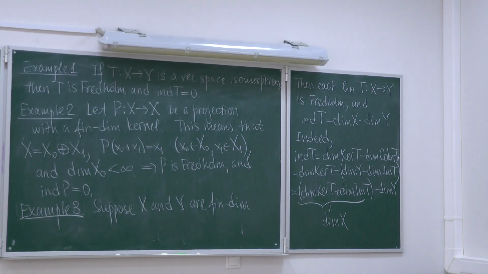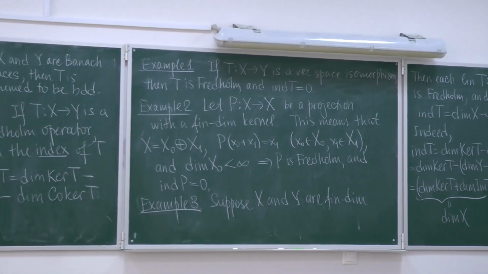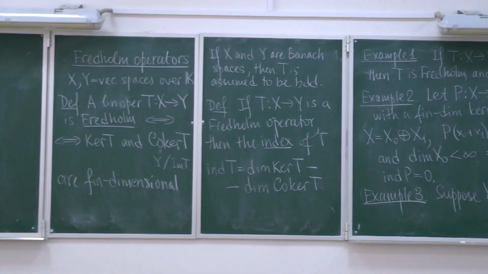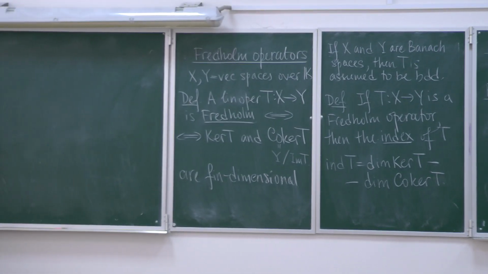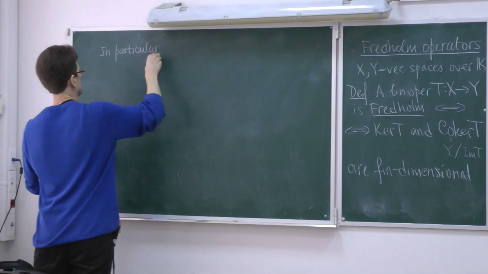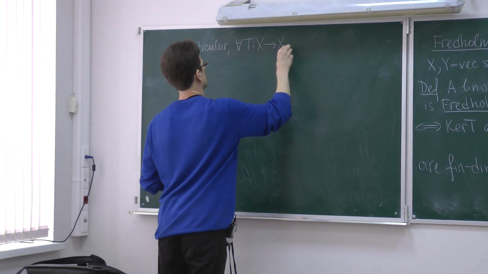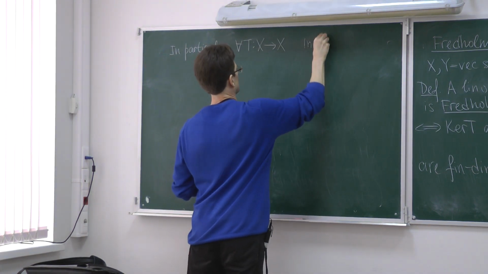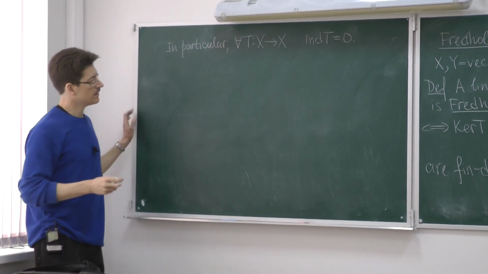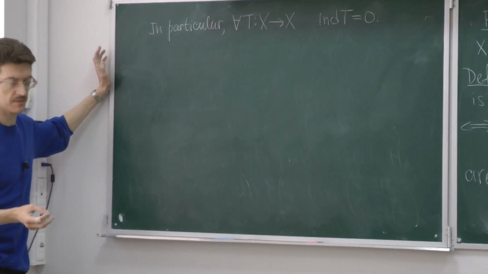In the special case where Y equals X, we see that each linear operator from X to itself is a Fredholm operator of index 0. Of course, it's essential here that X is finite dimensional.